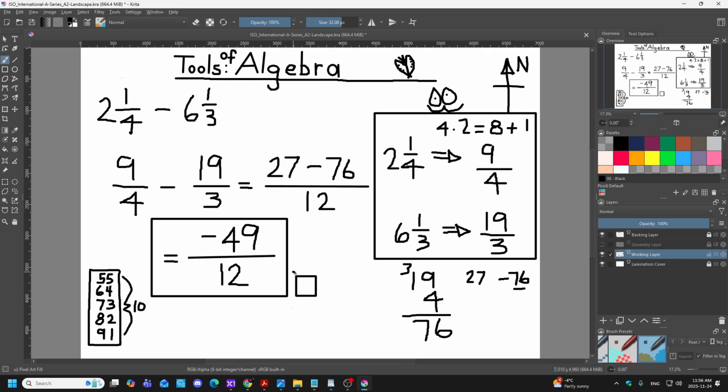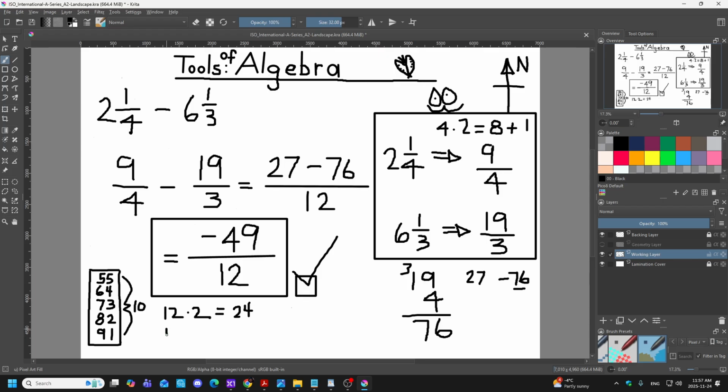All right, I can turn it into a mixed fraction, and that's easy. What we need to do is get as close to 49 without going over, so we create multiples of 12. 12 times 2, double the numbers, that's 24.